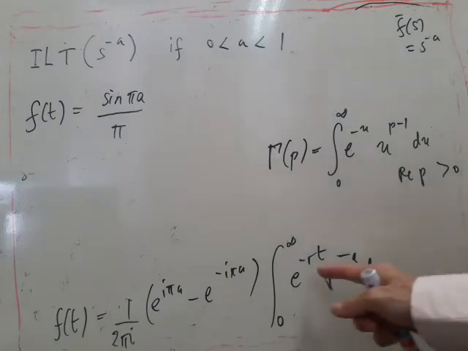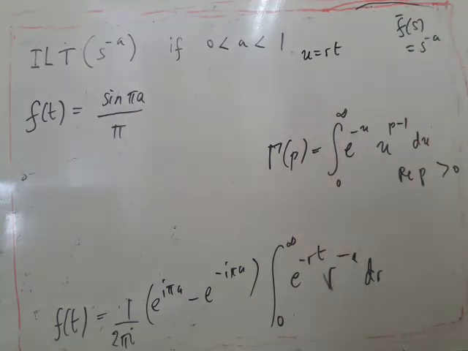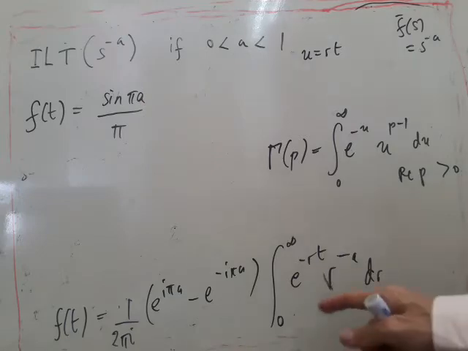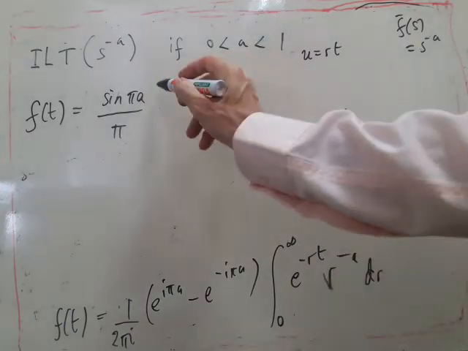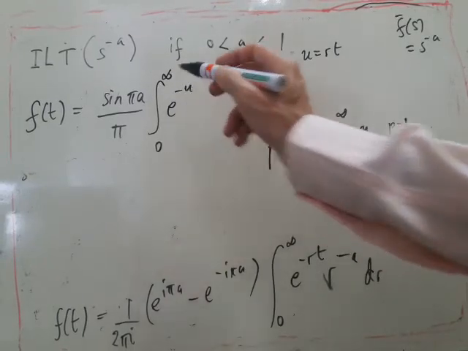So we see that if we make the substitution u equals rt, then we get it into the form of the gamma function. So let's make that substitution. So we get the integral from 0 to infinity of e to the minus u.